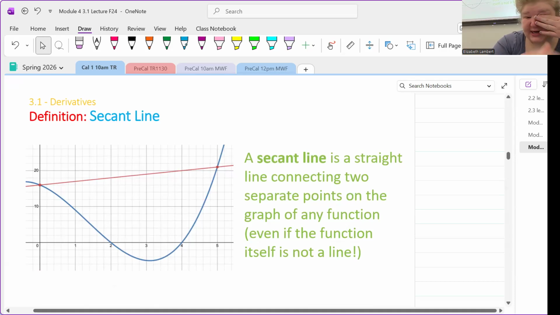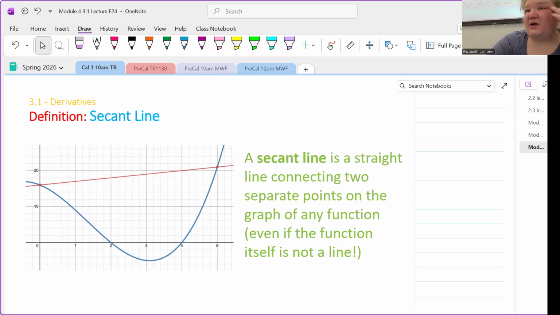So now I'm looking at this crazy graph here, and we're going to define what's called a secant line. It has a tiny bit to do with the trig function, but mostly nothing to do with it. Secant just means a line connecting 2 points. So it's a line that goes through 2 points on a graph as opposed to a tangent line that only goes through 1 point on a graph.